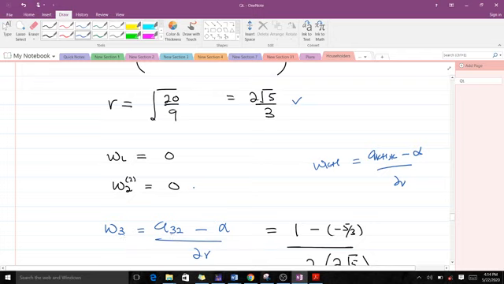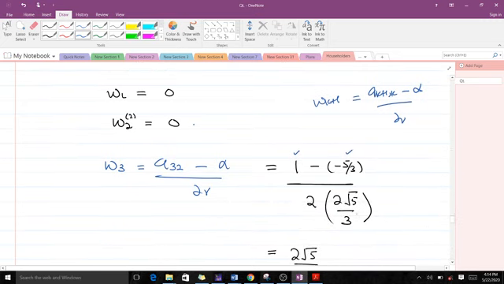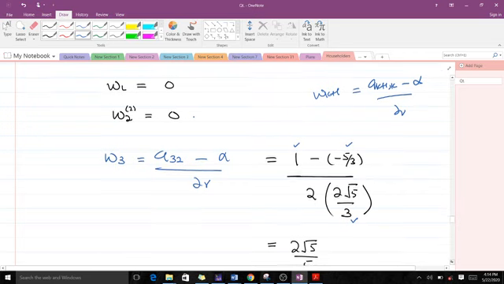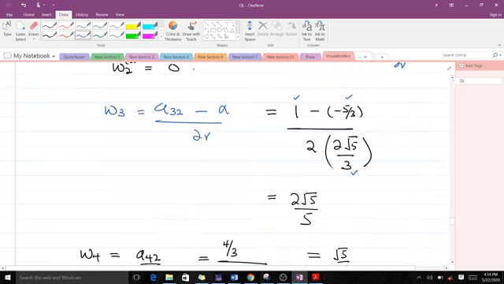So W3 will be A32 minus alpha over 2R. Our A32 from our first transformation matrix is 1. This is our alpha for the second iteration process, and this is our R. So making this substitution is going to give us 2 root 5 over 5. That happens to be the value for our omega-3 or W3.